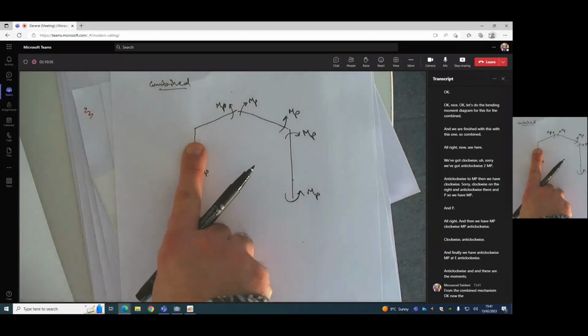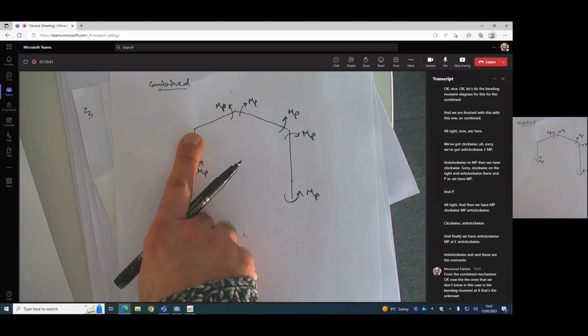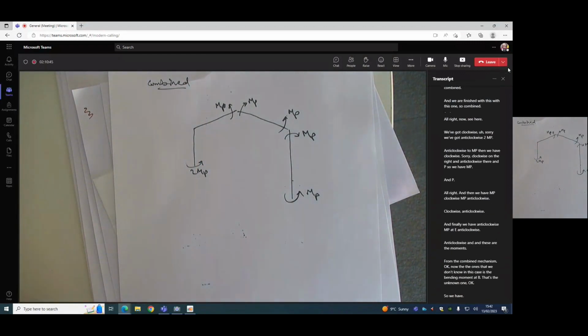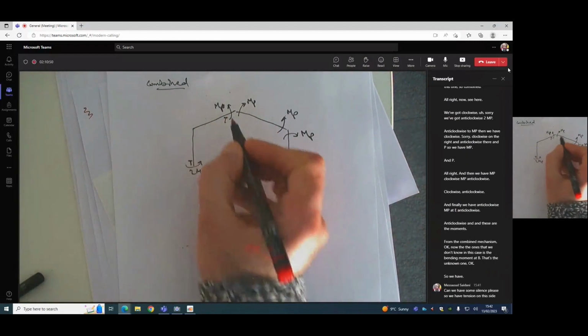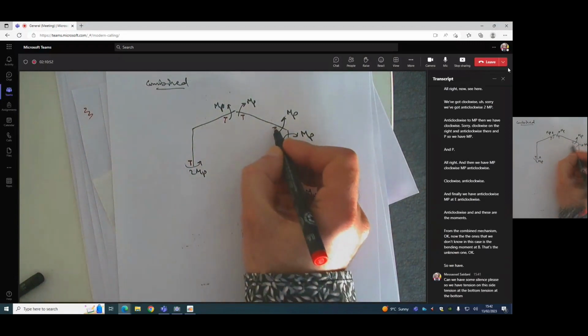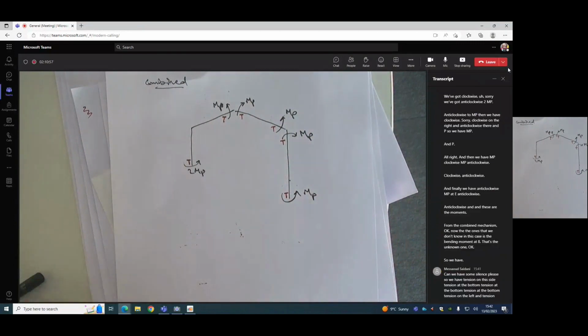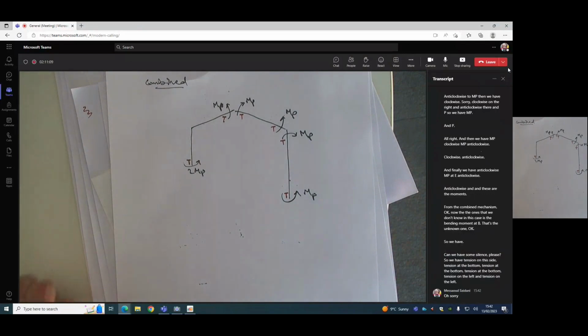Now, the one that we don't know in this case is the bending moment at B. That's the unknown one, okay? So we have tension at the bottom, tension on the left. Oh, sorry, I made a mistake.